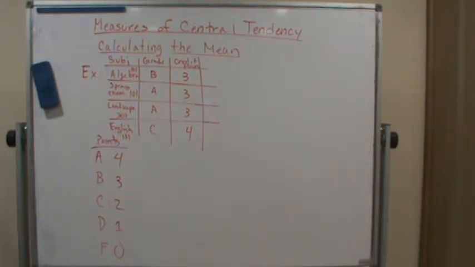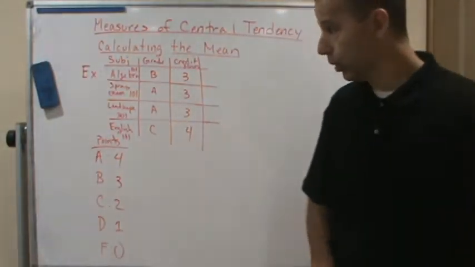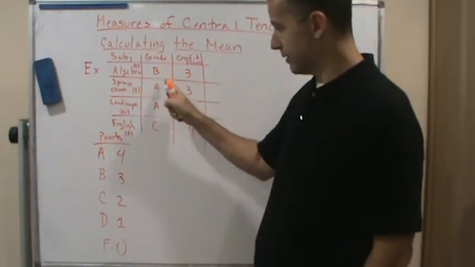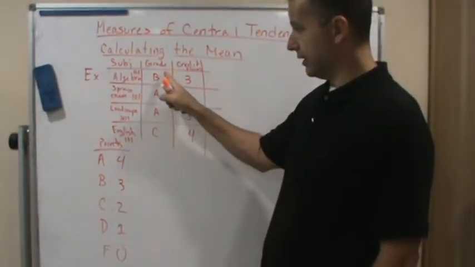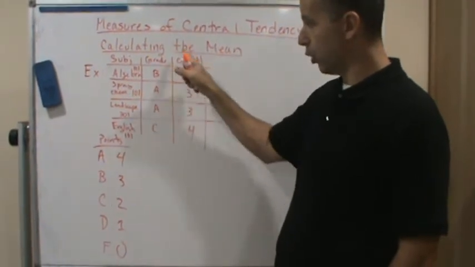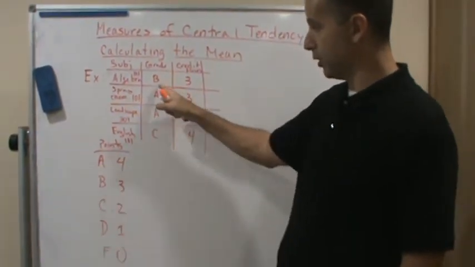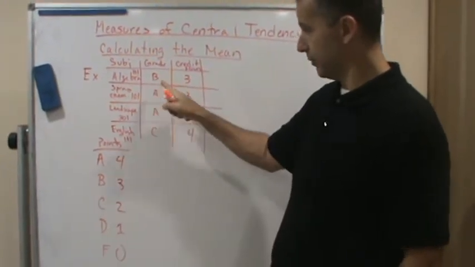So I hope that makes sense. We're taking the points for each grade, and we're going to find out how many total points you get for each class by multiplying.